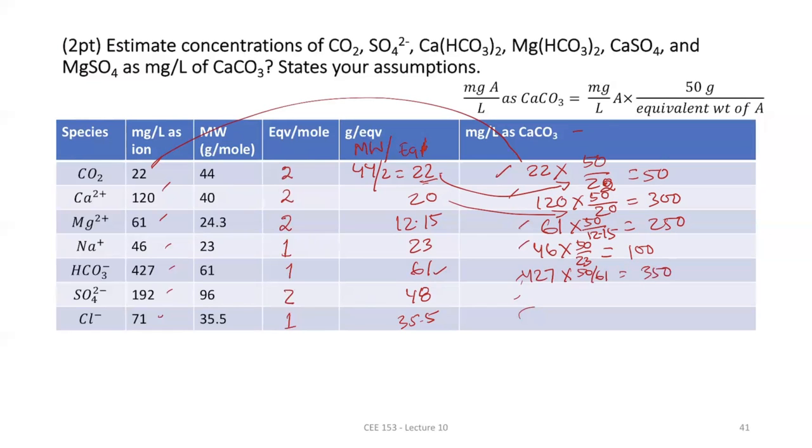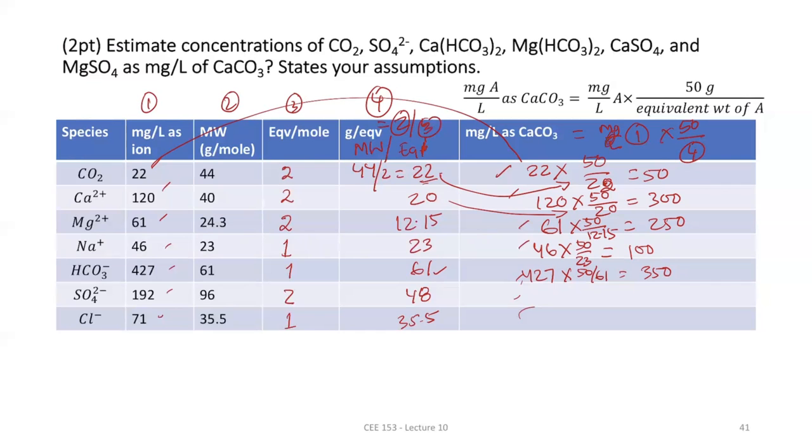So this is basically you are doing milligram per liter, which is here. I'm going to write the column number so that you can see what those are. So this is column 1 times 50 divided by column number 4. Okay, that's what we are doing. And here we are doing 2 divided by 3 to get 4.